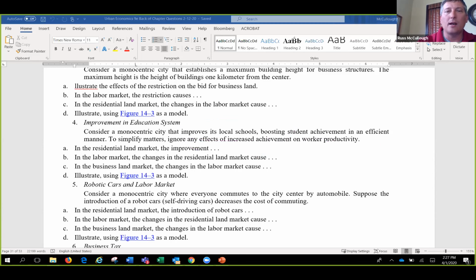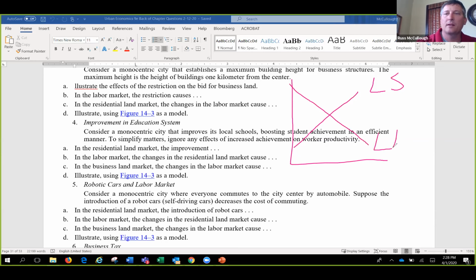Okay, now part B, in the labor market, the changes in the residential land market are going to cause what? So in the labor market, we've got labor supply and labor demand.